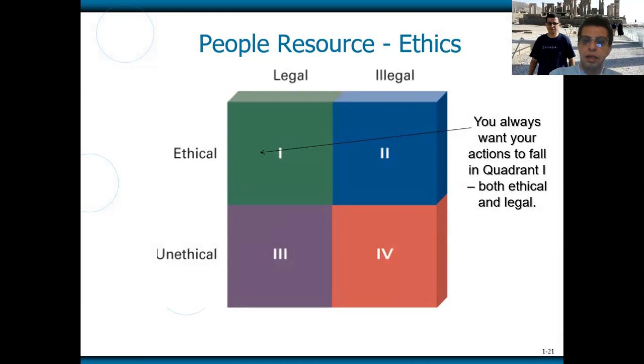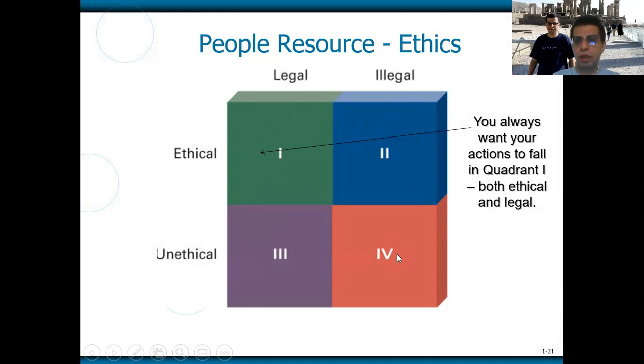Now, in ethics, all of us love to be in this situation, but in the course of ethics, you will probably be going through this deeply. You want to be legal and ethical, but sometimes hacking could be ethical and illegal, or could be unethical and illegal, for example.